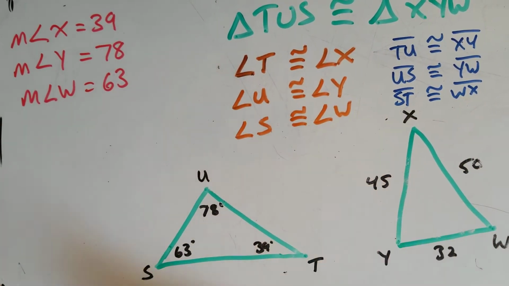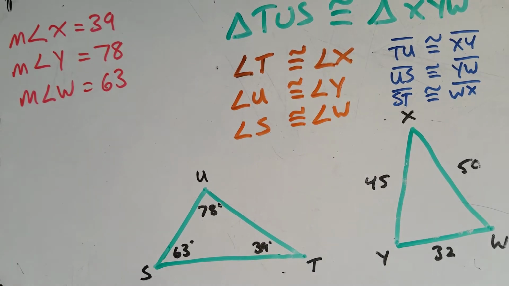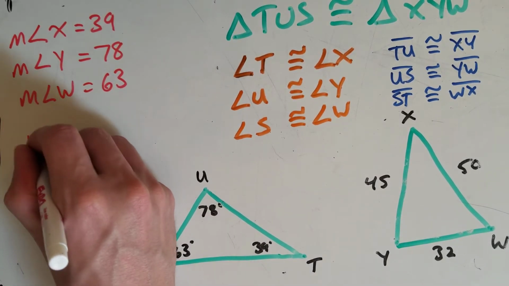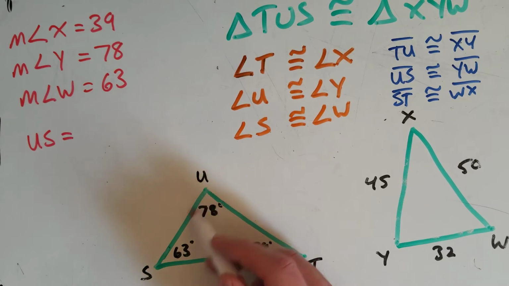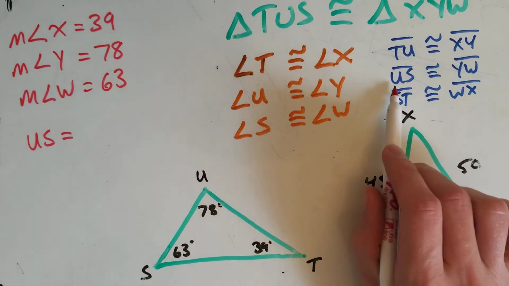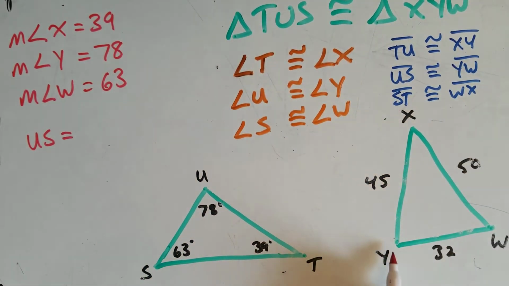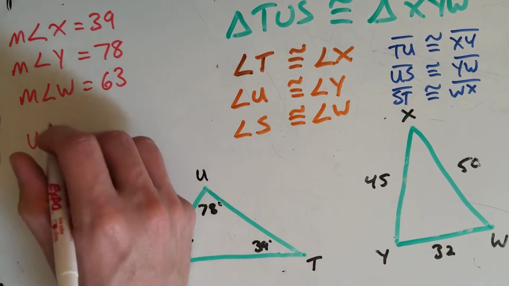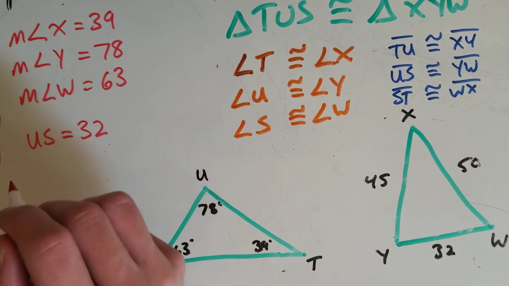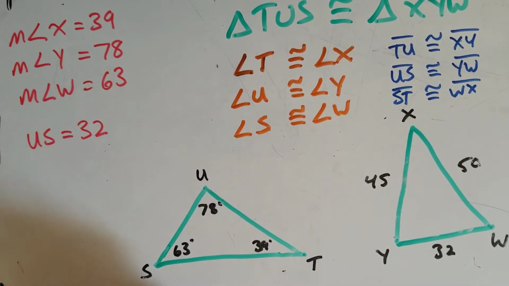So we can use that to find the side measurements in this triangle because we know the sides in the triangle to the right. Let's say we want to find US first. Well, the measure of US corresponds with YW, that's 32. So US is also going to be 32, and I think this was inches. Yes, inches. Now let's say we want to do ST down here.